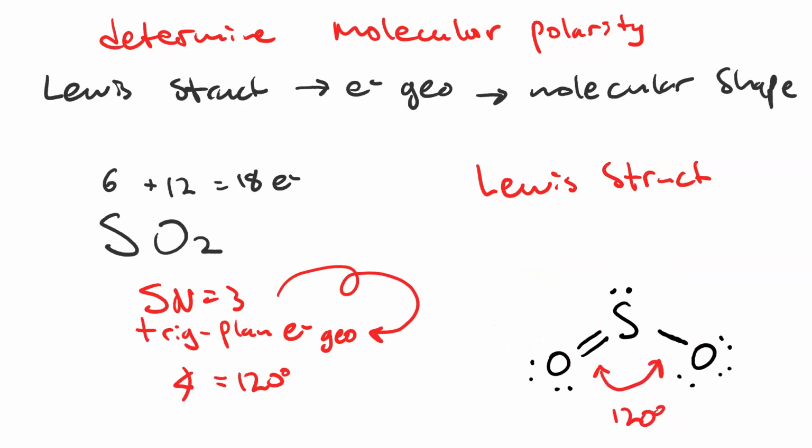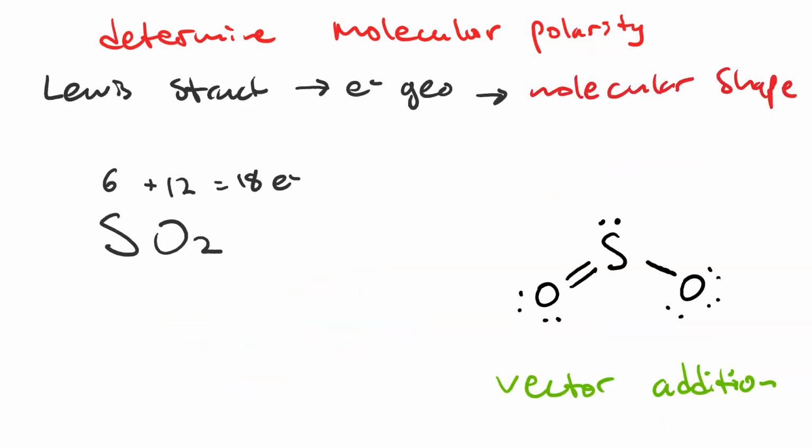So now we've got 120-degree bond angles because the electron geometry is trigonal planar. If we didn't have that lone pair, then the bond angle would be 180 degrees. Now we're going to use vector addition to show the molecular polarity. Our molecular shape is bent, with that bond angle being 120 degrees.